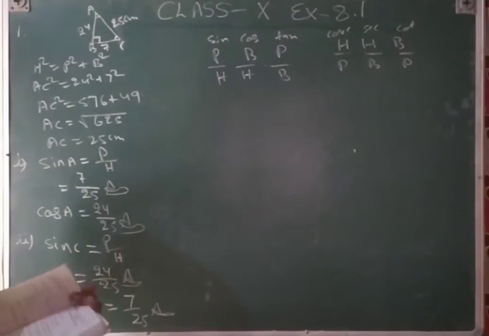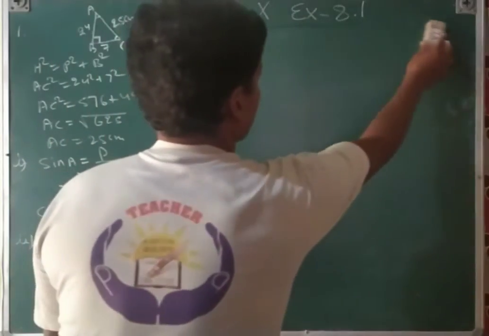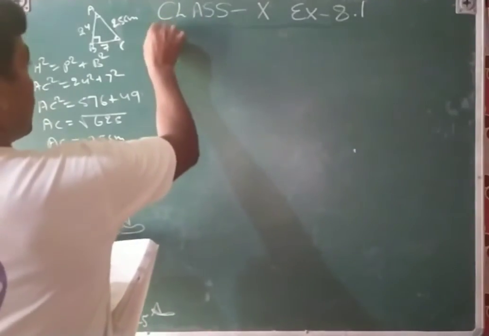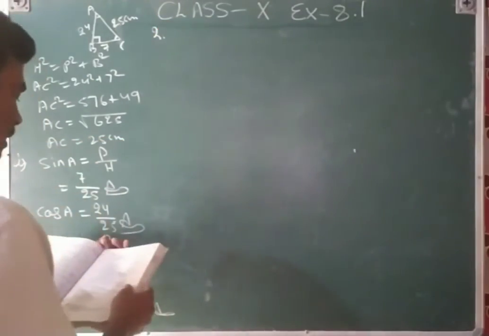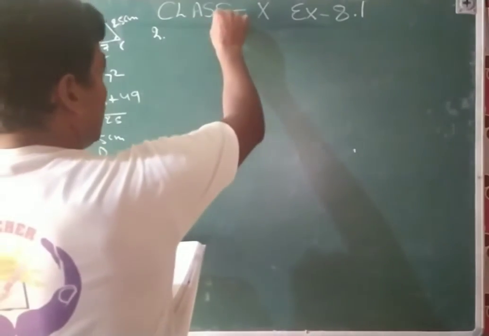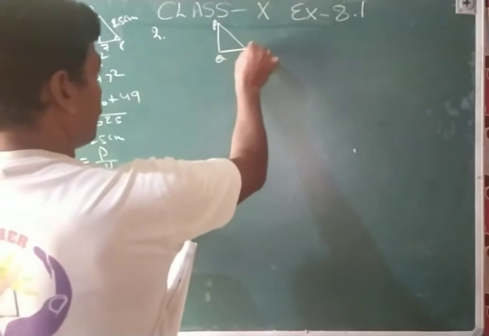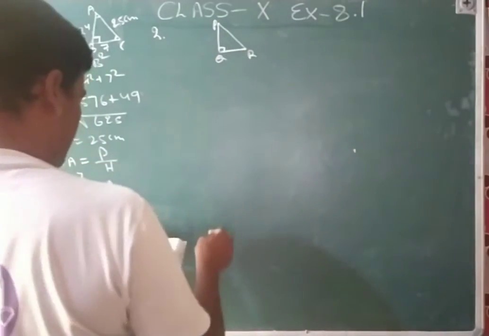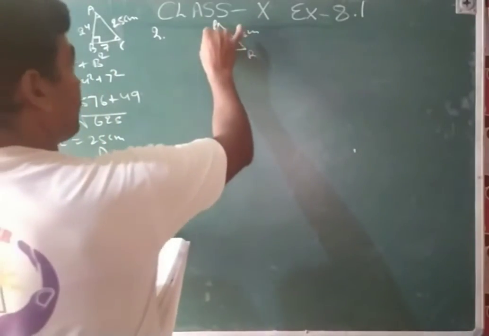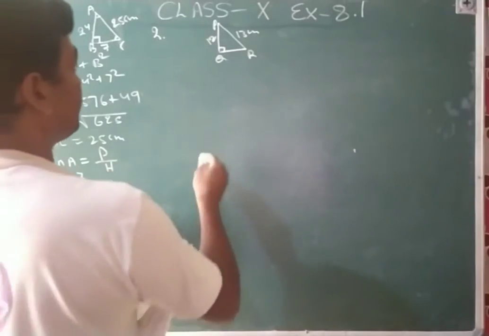Now the next question, the second question. The diagram is already given there. First of all we will find QR. This is the diagram: P, Q, R. This is 90 degrees, so PR is the hypotenuse.